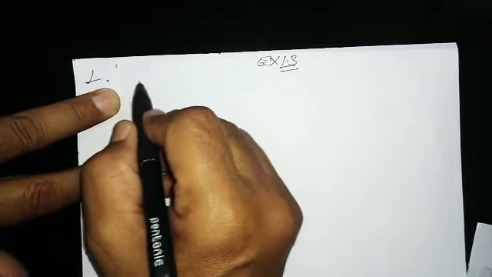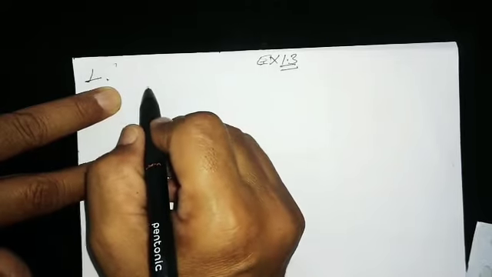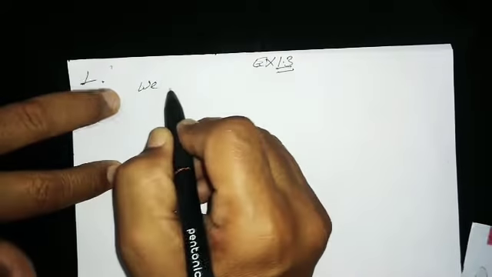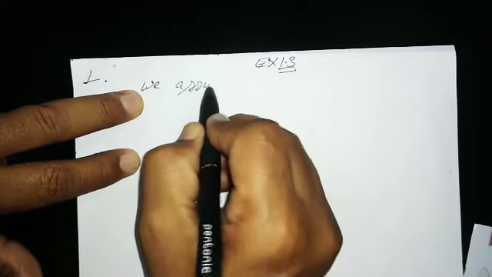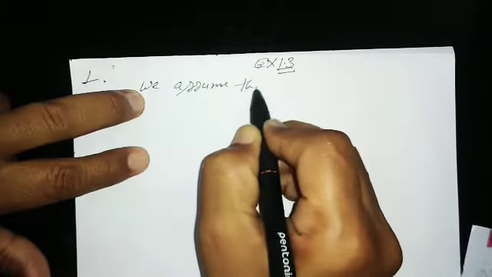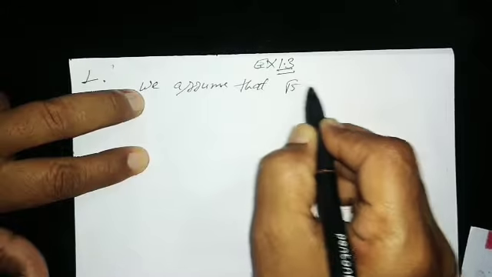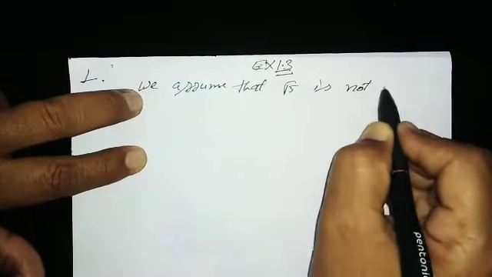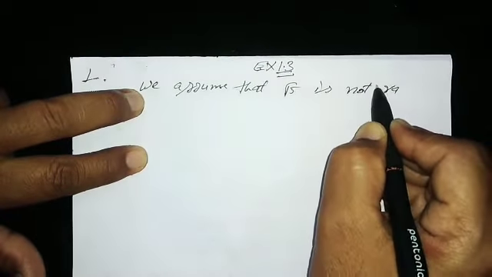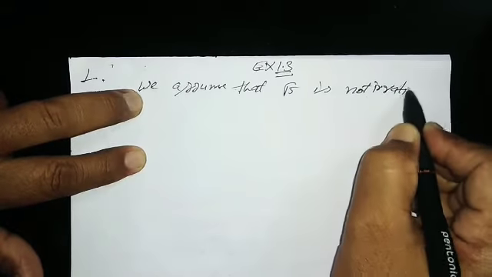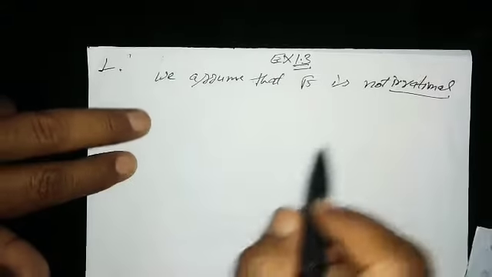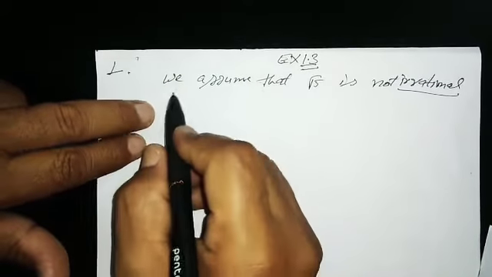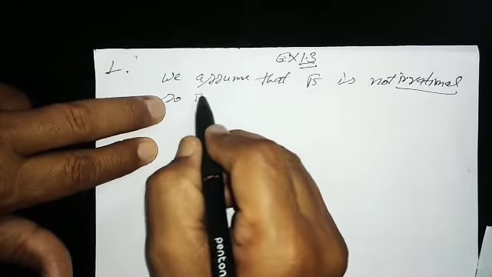Okay, so first of all, we assume that root 5 is not irrational. Okay, so it is rational.